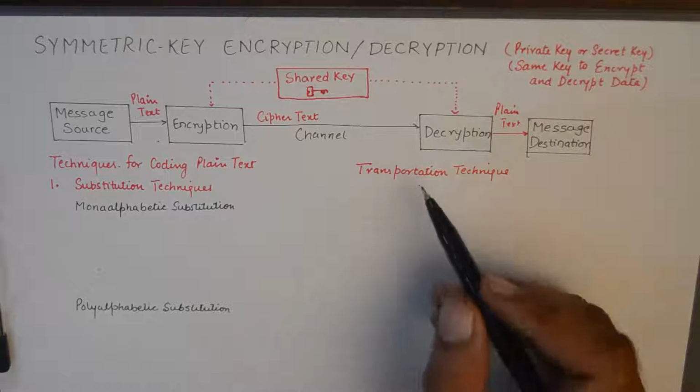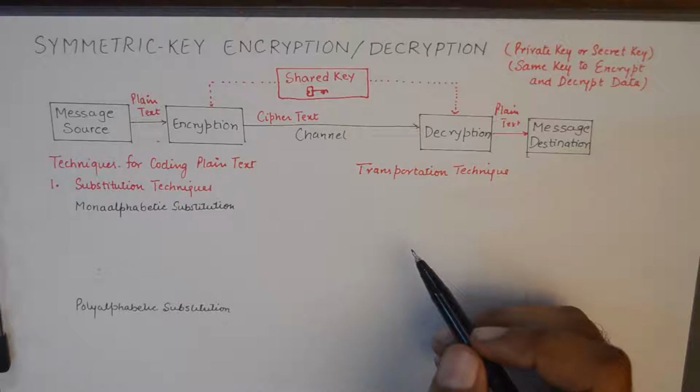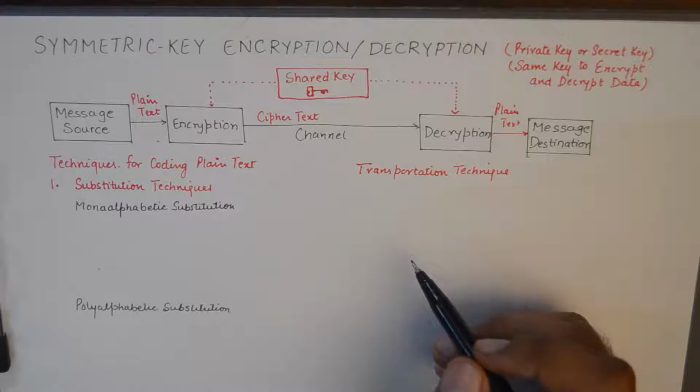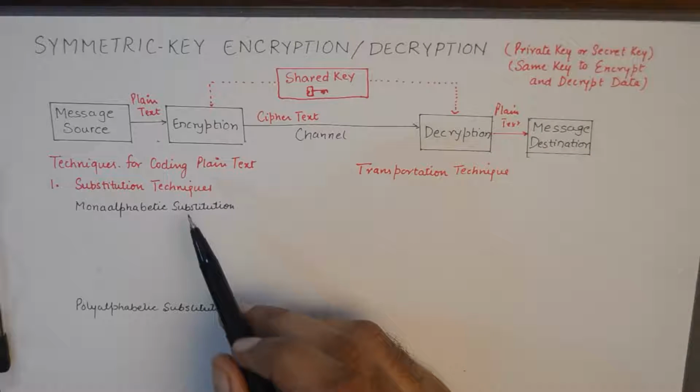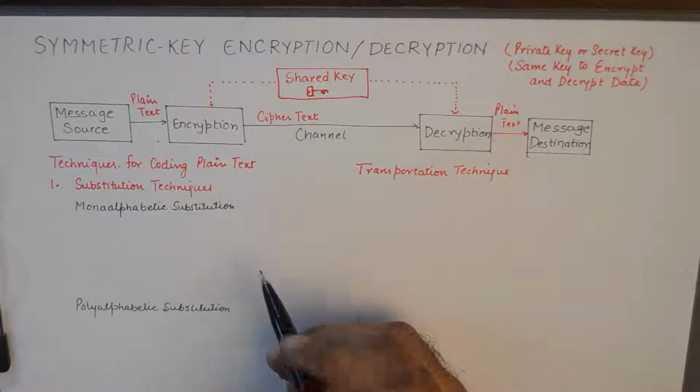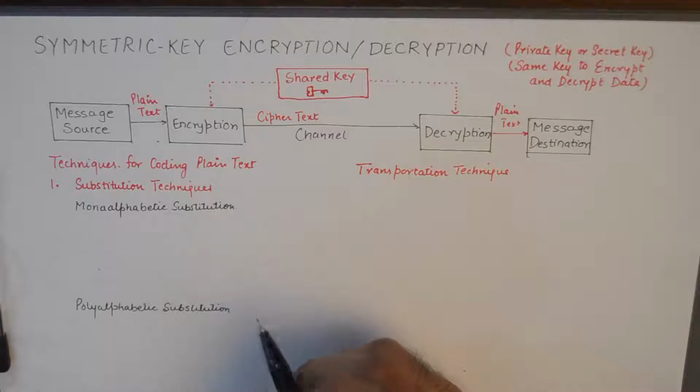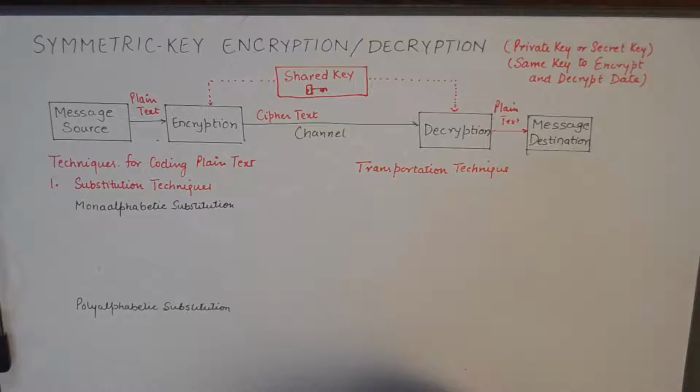Now this can be understood more clearly with the techniques that are used for coding plain text. Please understand, these techniques are classical techniques. These are just the basic building blocks of how ciphertext started to be generated in the first place.